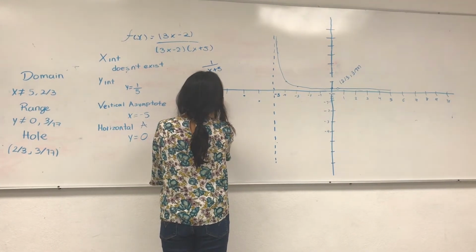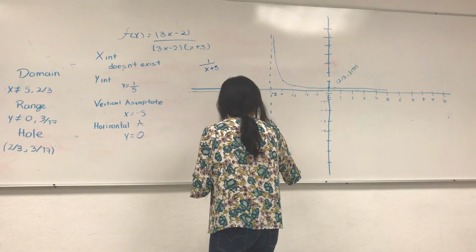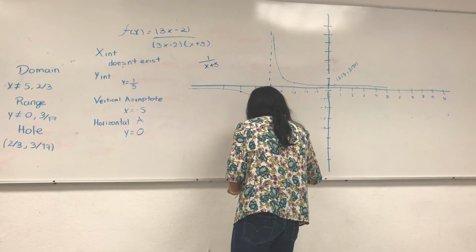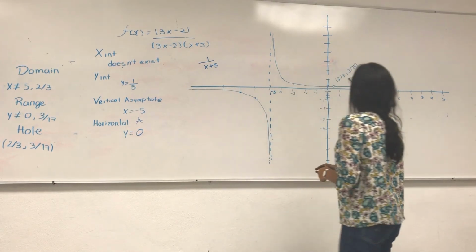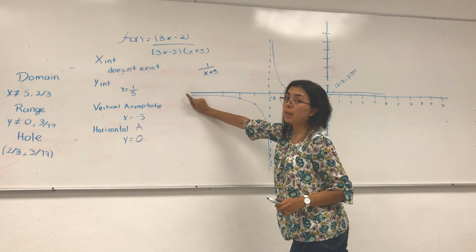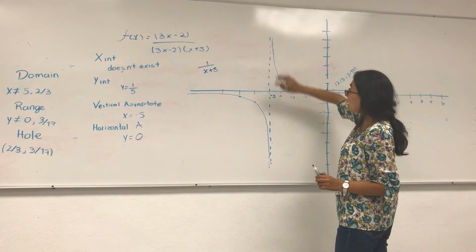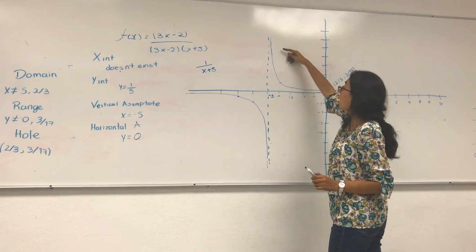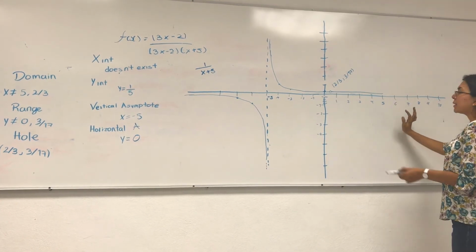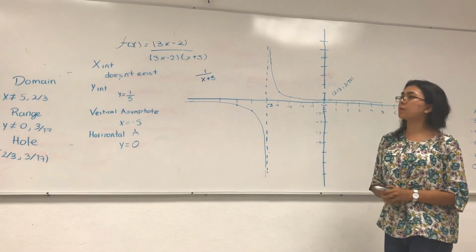So it will be like this. So this is our graph. This side never touches the x-axis. This side never touches x equal minus 5. This one never touches x equal minus 5. Never touches the x-axis, and be careful with the hole. So this is our graph. So that's it. Thank you.